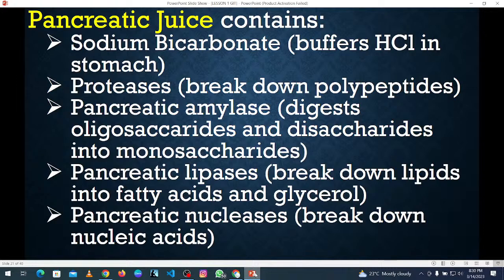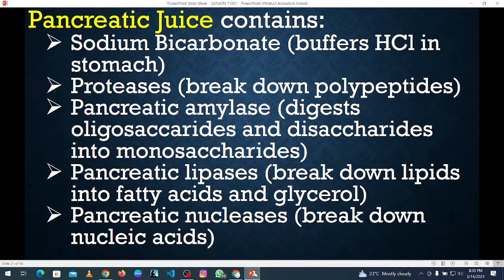We have pancreatic amylase that helps to digest disaccharides and oligosaccharides into monosaccharides. We have macro and micronutrients. Macro are the common ones that we know, the protein, the carbohydrate, and all that. But the micro, the small ones, are disaccharides, oligosaccharides, and the others. That's what the pancreatic amylase helps in digesting.